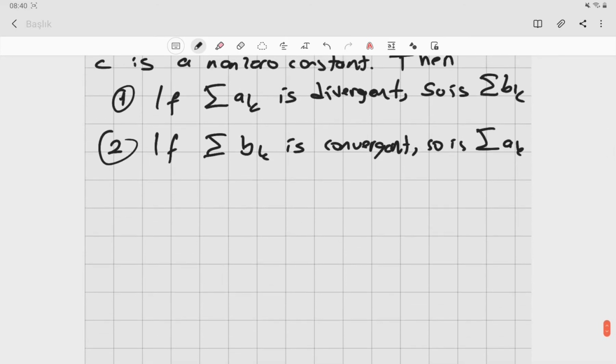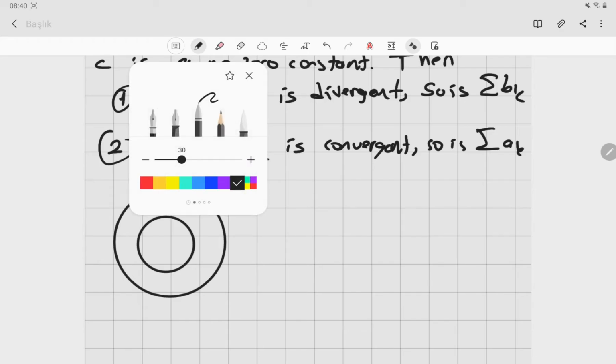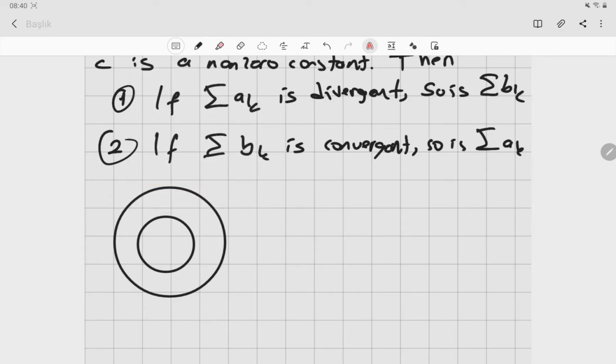To make it clear, let's use some geometry. Okay, this one is b_k and this one a_k.